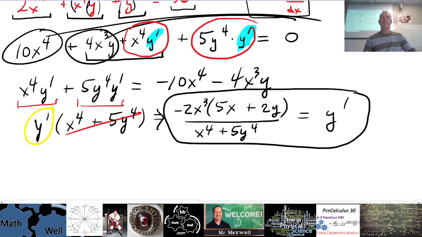I plug the y value for the same point here, and I evaluate. So it's a complicated way of getting the derivative, but you can get the value of the slope of the tangent line at any point that's on the graph by plugging x and y into this expression. Also notice that the definition for the derivative also has x and y in there. So it's not just in terms of x anymore.